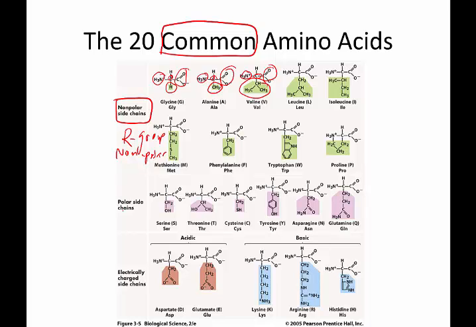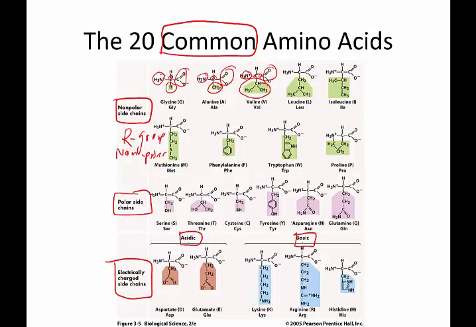Next, we have polar side chains. These are amino acids with polar side chains. In purple, we have various amino acids with polar side chains. We also have electrically charged side chains. These are things like aspartate and glutamate, and lysine, arginine, and histidine. You should also note that the electrically charged side chains can be acidic or basic.